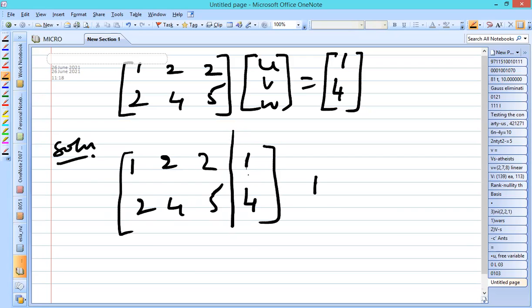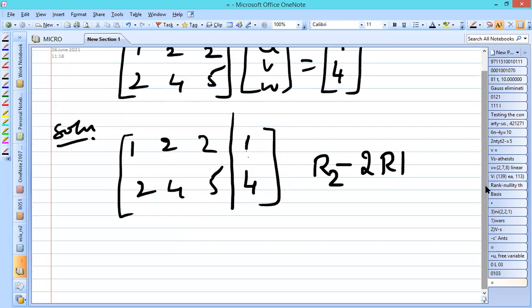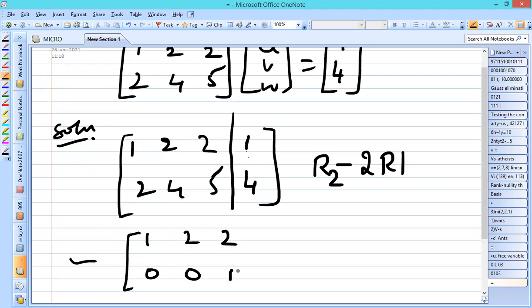Now let me apply R2 minus 2 R1, since our aim is to get zeros in the bottom row. So when you do that, it results in 1, 2, 2, 0, 0, 1, 1, 2, right? So 4 minus 2 is nothing but 2.